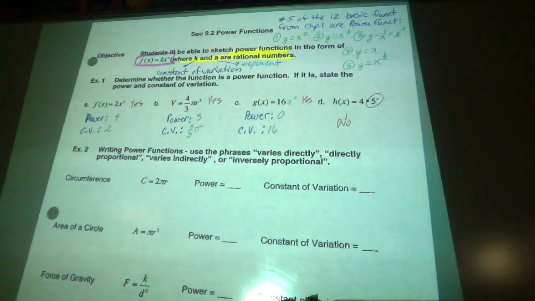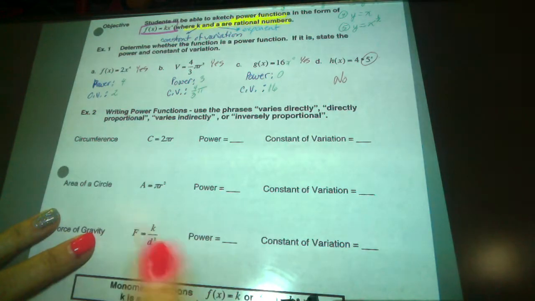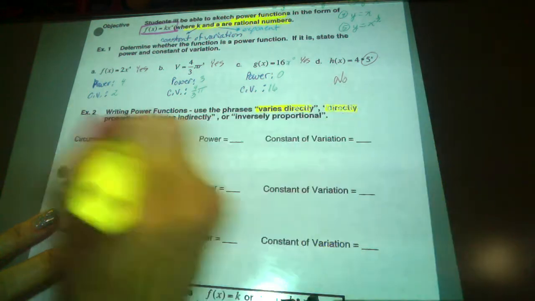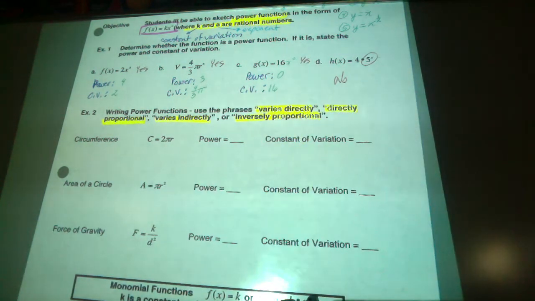Then you're going to have to write power functions, and this is where I put some questions in your homework that might cause you to think a little bit. When you're writing a power function, please write these with words. You're going to use phrases such as varies directly, or directly proportional, varies indirectly, or inversely proportional.